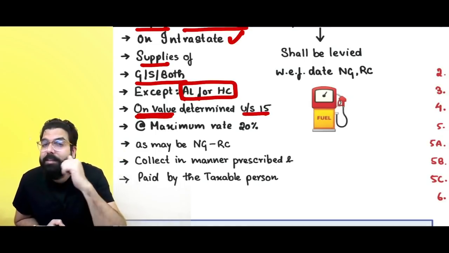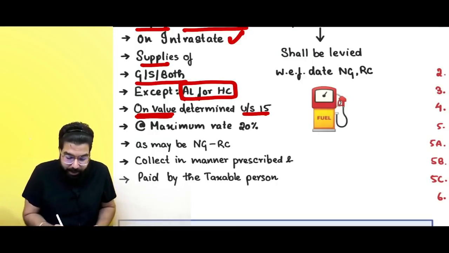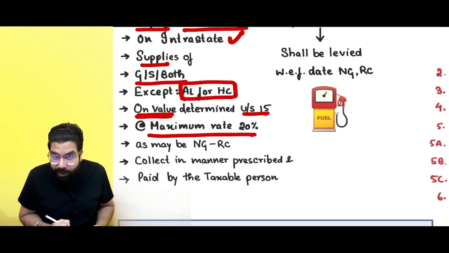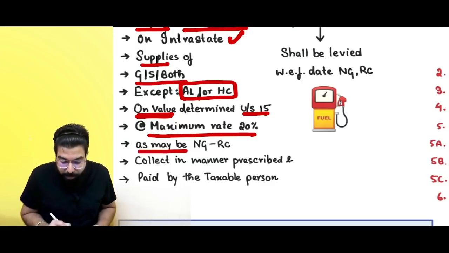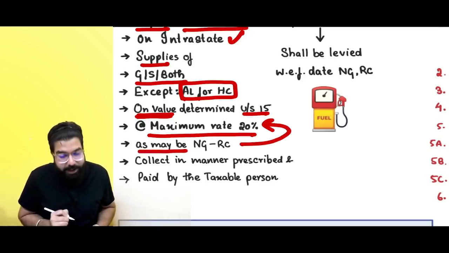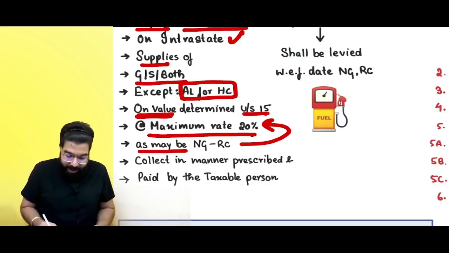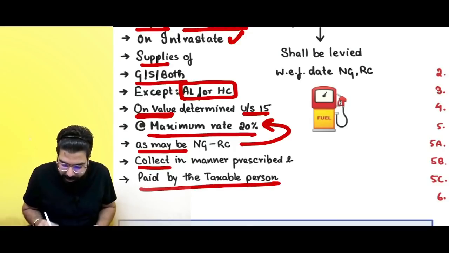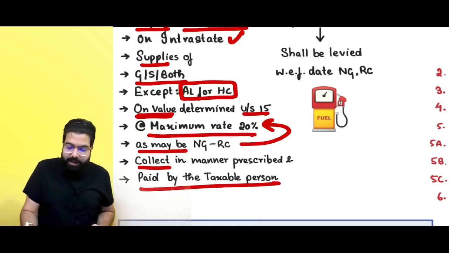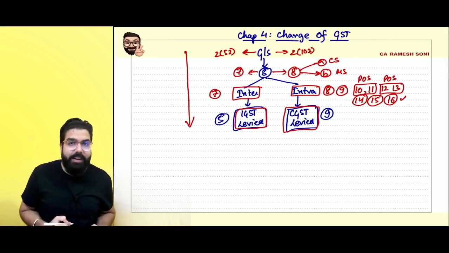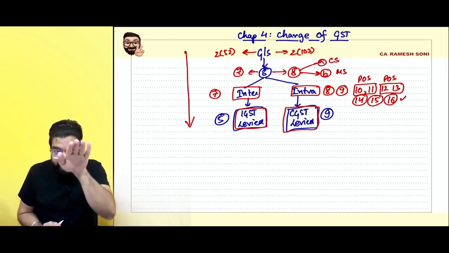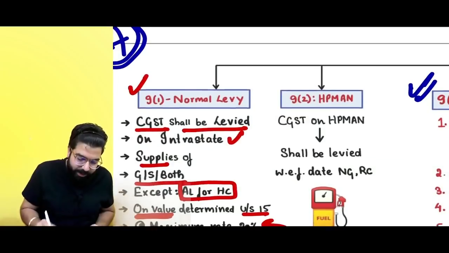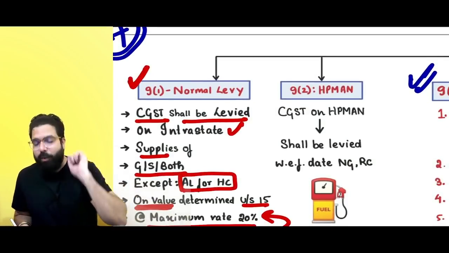What is the maximum rate at which it shall be levied? The maximum rate shall be 20%, and this rate will be notified by the government on recommendation of the council. It shall be collected and paid by a taxable person. It is nothing other than the flow which I teach you. The same thing which I teach you in the flow has been written in section number 9, subsection 1.